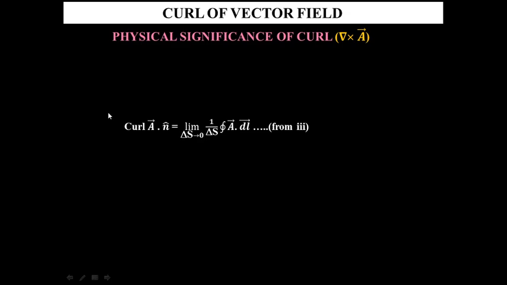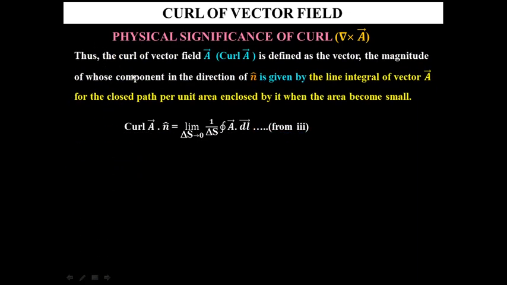In statement form, the curl of vector field A is defined as the vector whose component in the direction of n vector is given by the line integral of vector A over a closed path per unit area enclosed by it, when the area becomes very small.